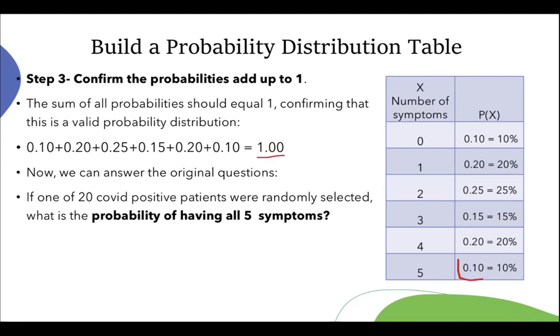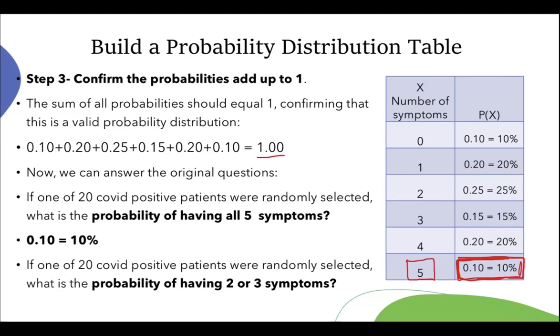The probability of having all 5 symptoms means x is equal to 5. The chance of that happening is the p of x value when x is 5. It's 0.1 or 10%. Let's answer the next question. If 1 of 20 COVID positive patients were randomly selected, what is the probability of having 2 or 3 symptoms?